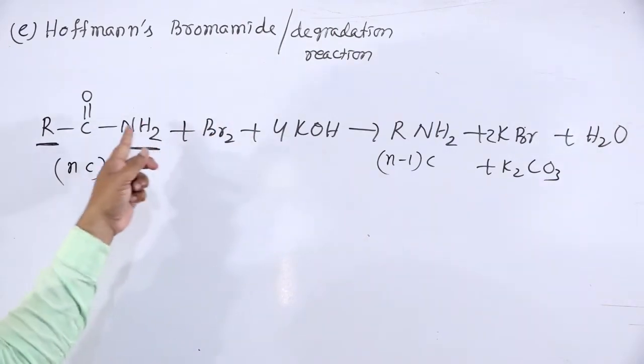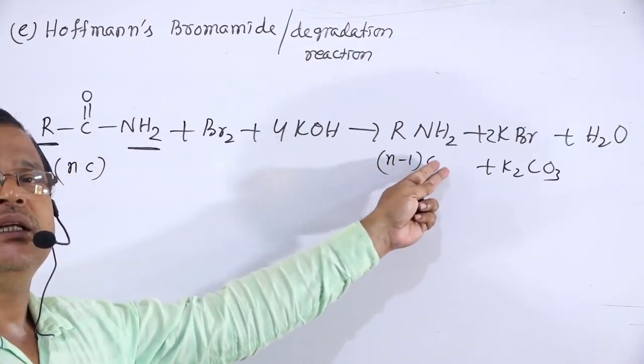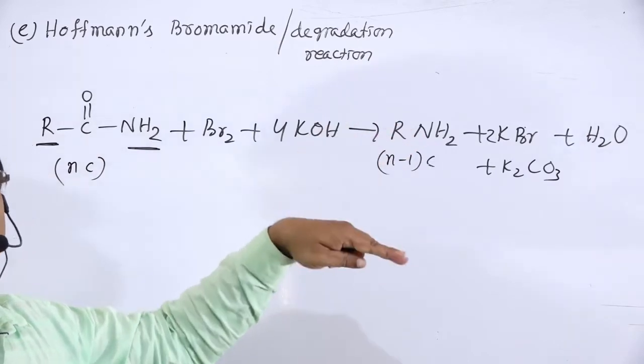Bromine reacts with the acid amide in presence of alkali to form an amine with one carbon atom less.